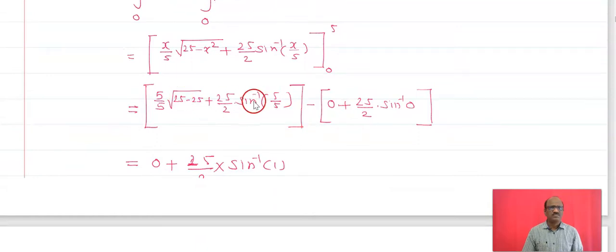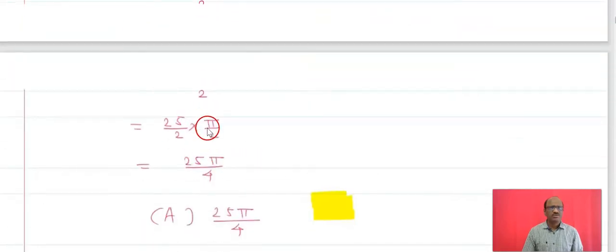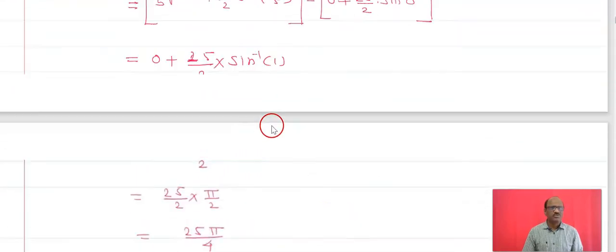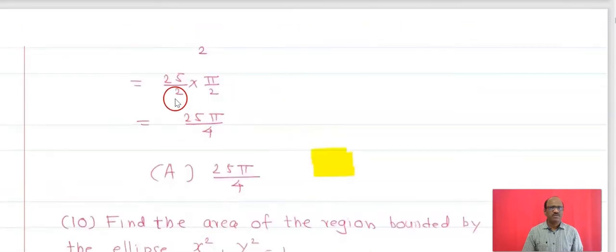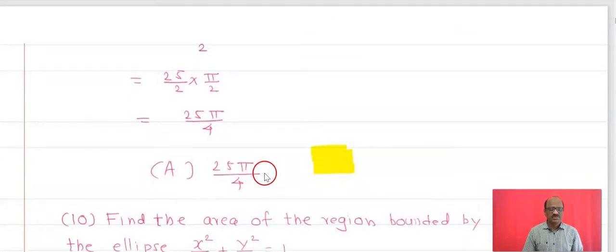Now see this here, the first term will become 0, and we have 25 upon 2 sine inverse of 1, and the sine inverse of 1 is pi by 2. Therefore, it is 25 upon 2 into pi by 2, and hence my answer is 25 pi upon 4. This is my answer.